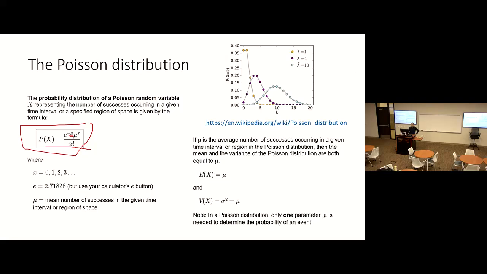If the average is 4, you get the dark purple curve. If it's 1, the Poisson distribution looks like this. If it's 10, then it becomes close to the normal distribution, because this is a large average.